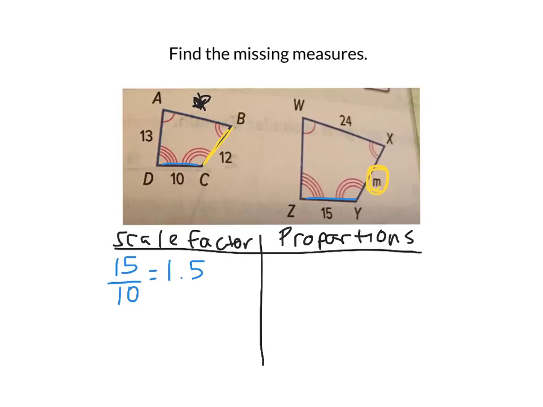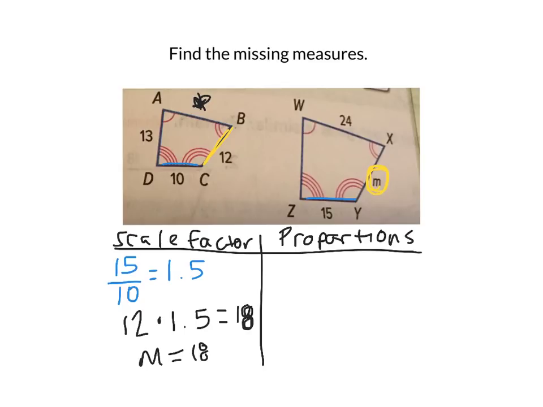So what I can do is I can take that side measurement, 12, and I'm going to multiply it by my scale factor of 1.5. That's going to give me a measurement of 18. I just figured out this measurement M. M equals 18.